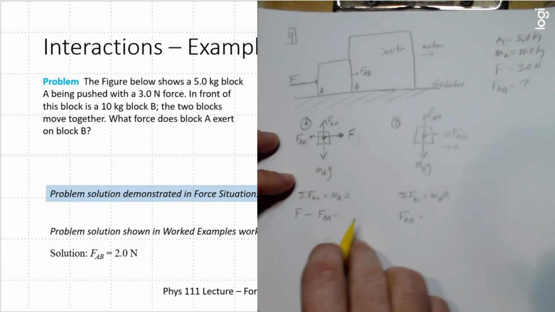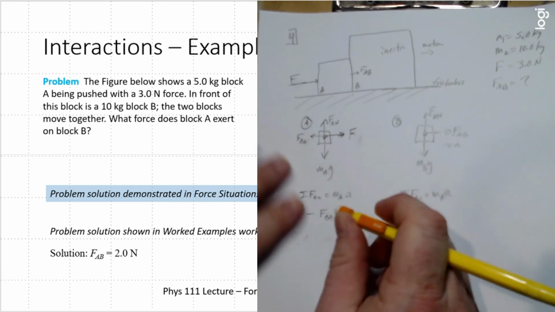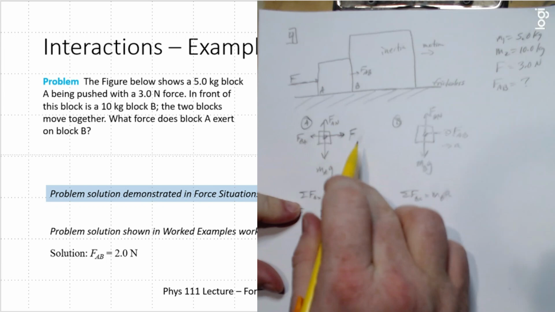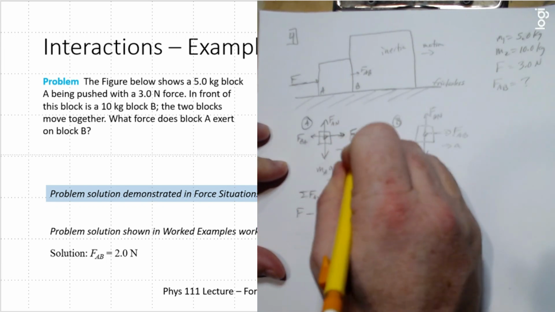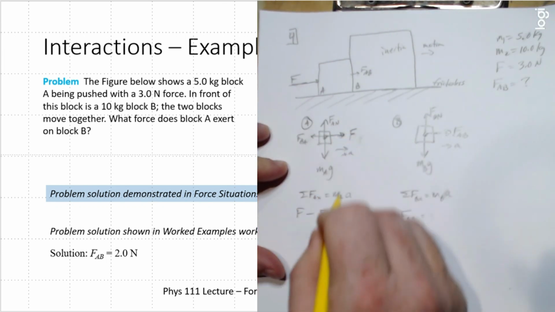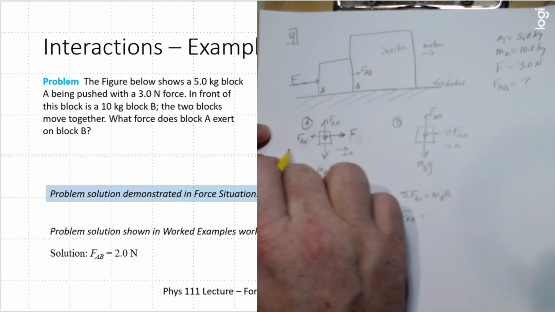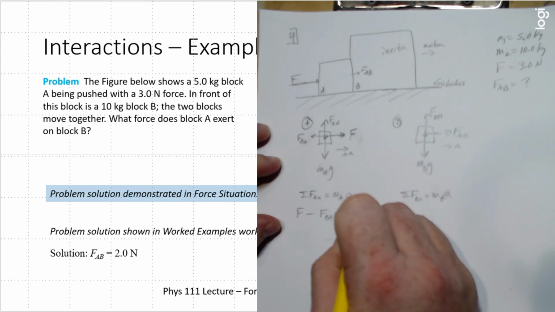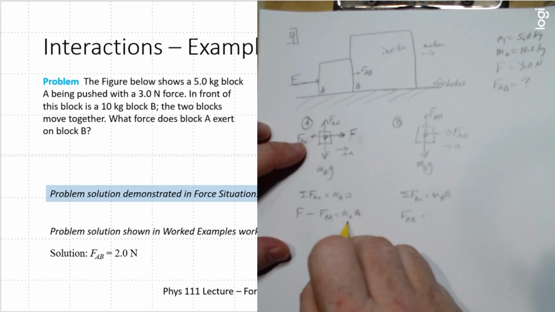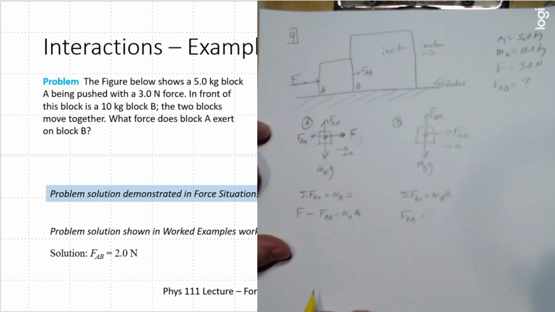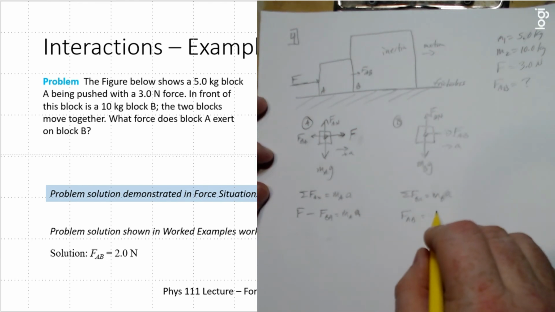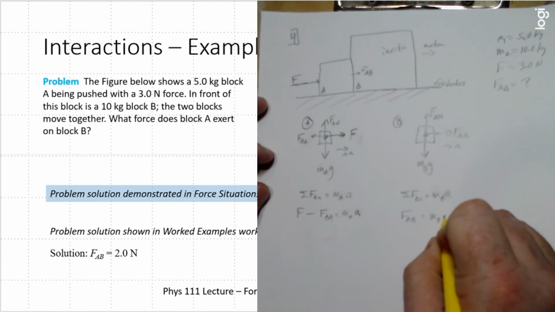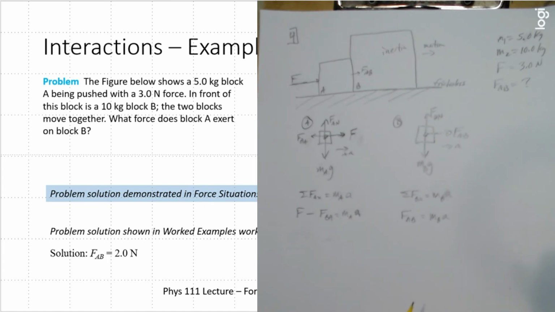Okay, so sum of forces in this direction: force minus, again, this is going to be positive acceleration, and so force minus F_B on A is equal to M_A a, the mass of block A moving at acceleration a. Over here on the right one, we have M_B a. And the question says, what is the force that's being exerted between these two?